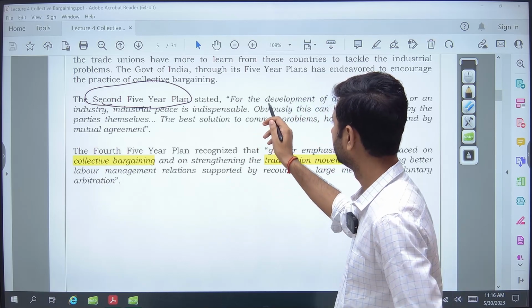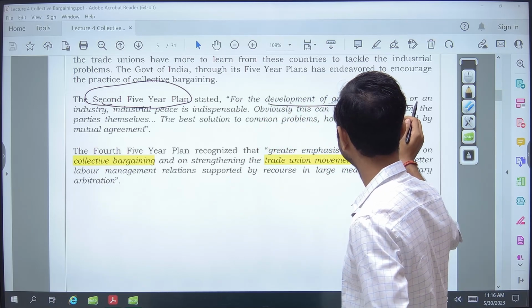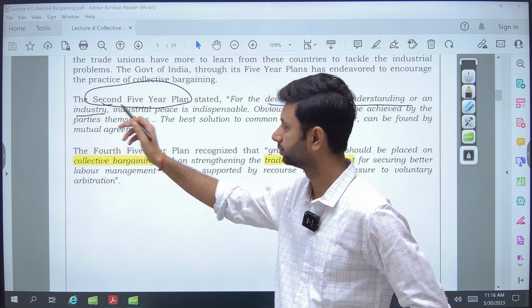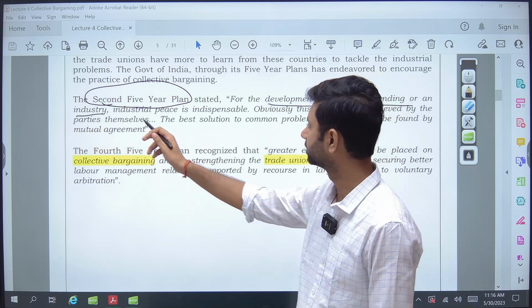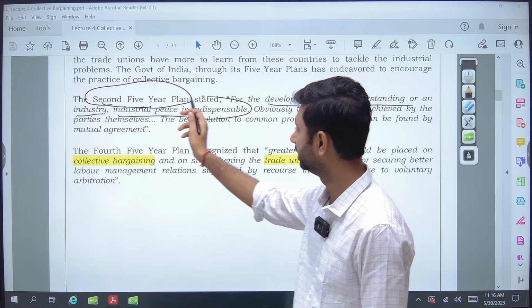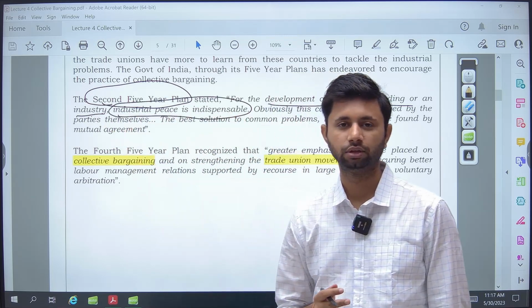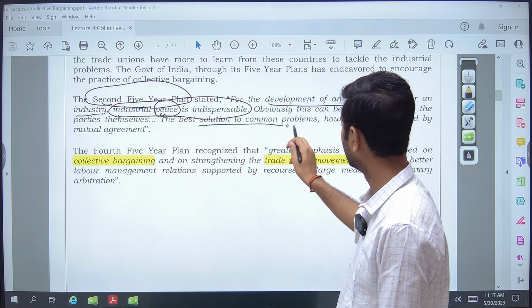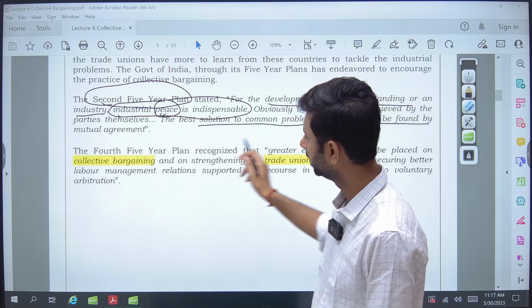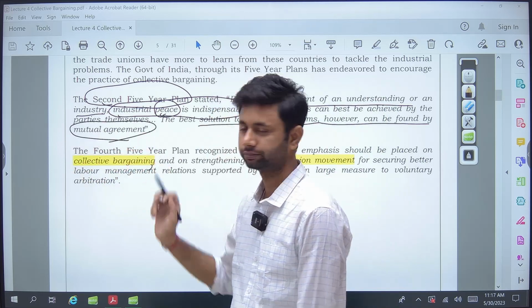It says that for the development of any industry, industrial peace is indispensable, obviously. And how will we arrive at peace? The best solution to common problems, however, can be found by mutual agreement.